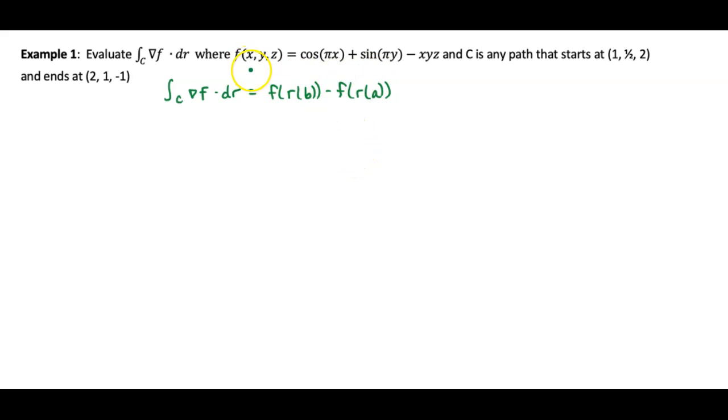In this case we have the original function, f of x, y, and z, cosine of pi x plus sine of pi y minus xyz. So we already have our original function and we want to evaluate this at r of b and r of a.